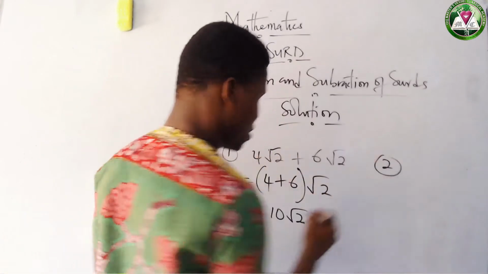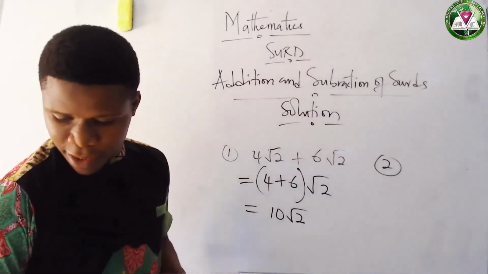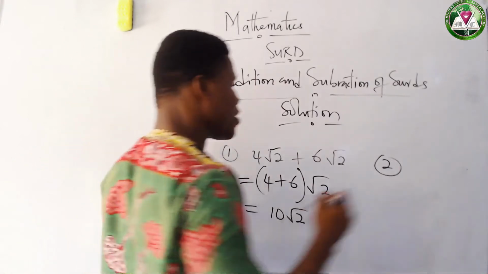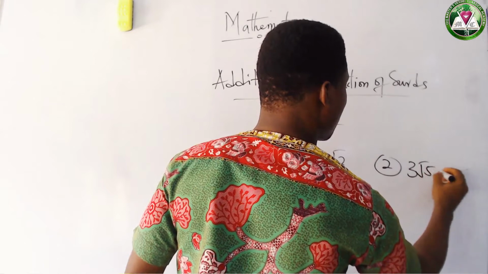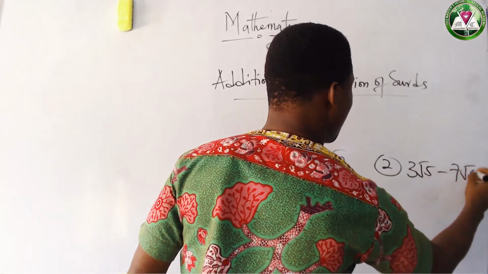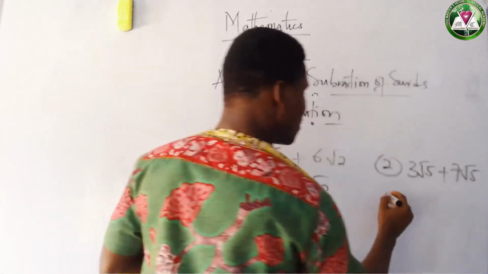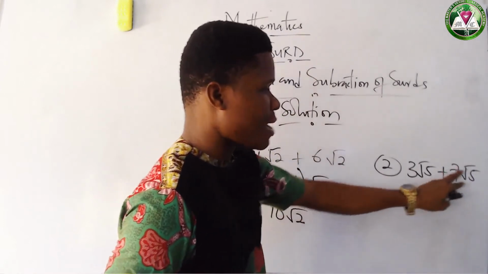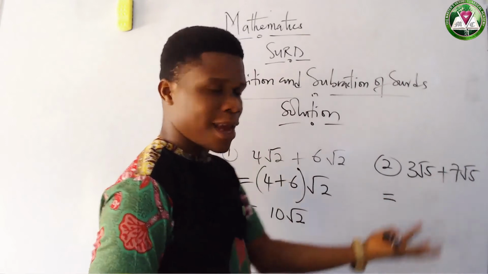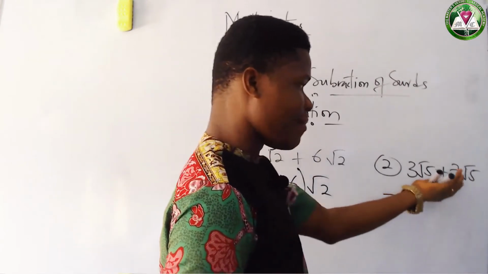Now quickly let's go to number 2. Number 2 question says 3 root 5 plus 7 root 5. You can see they have the same number inside the root, 5. So they are like terms and in the simplest form.